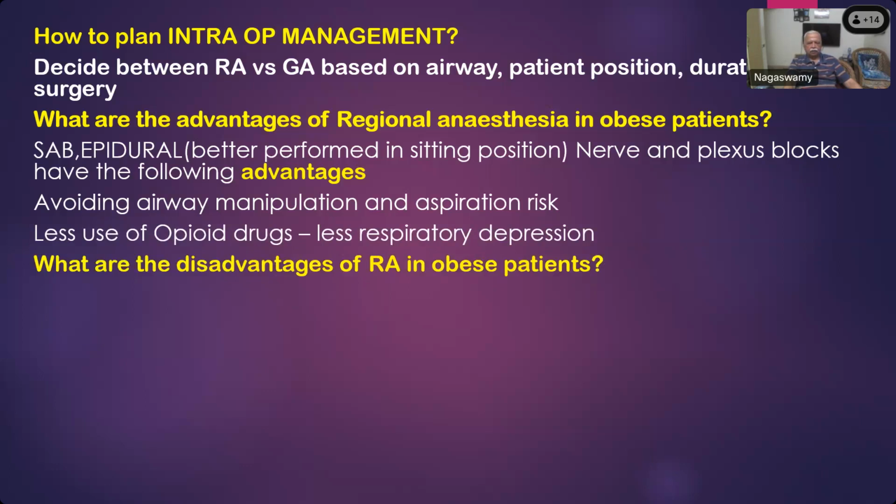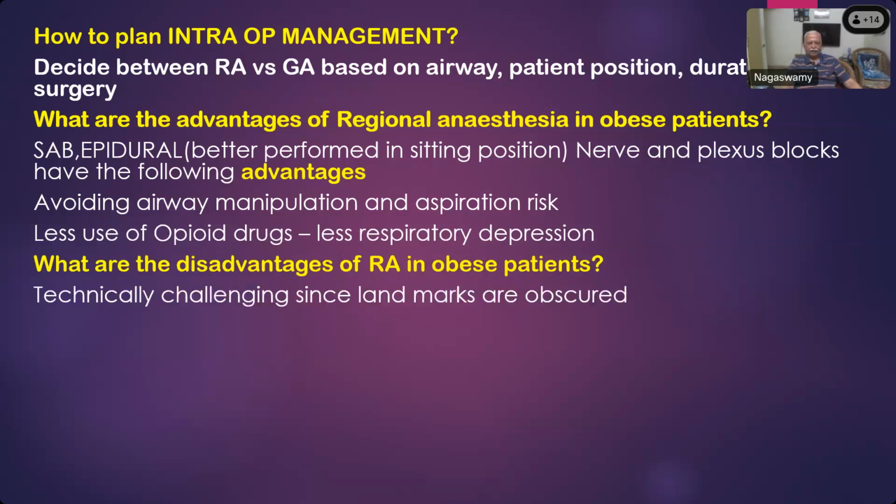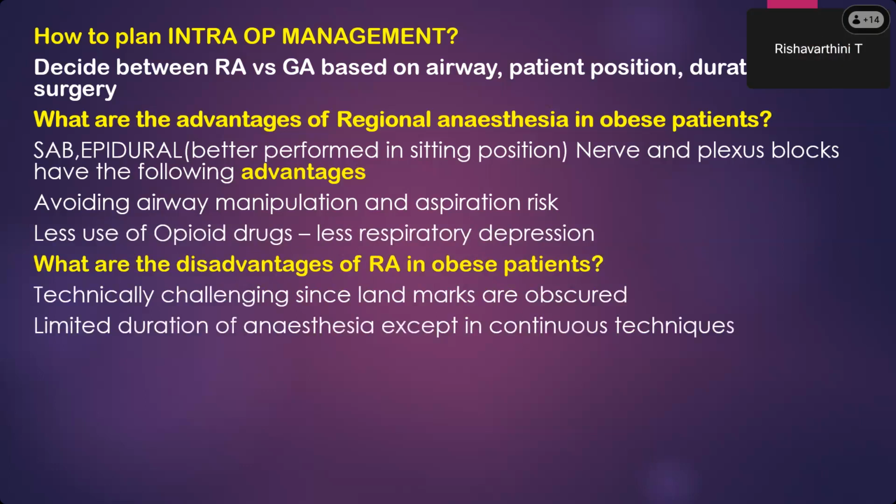But what are the disadvantages of RA in obese patients? Difficult landmarks, sir. Excellent. So technically challenging since landmarks are obscure. Then positioning will be difficult. Limited duration of anesthesia. So you have to either resort to a continuous technique.